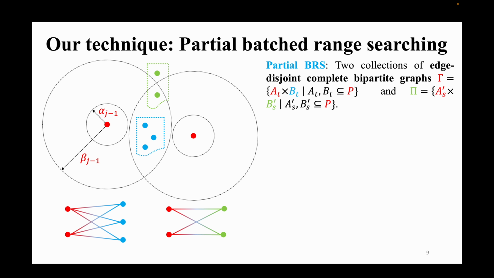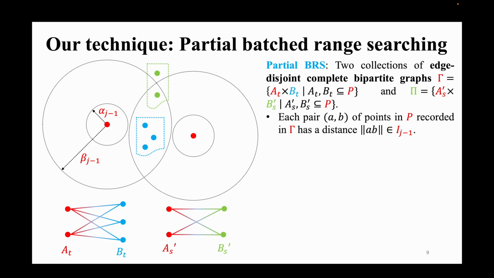As a result, we will have 2 collections of edge disjoint complete bipartite graphs, gamma and pi. Each of them contains some bipartite graphs like AT times BT or AS prime times BS prime. Each of them is a subset of set P. And then we have 2 important properties. The first one is that each pair AB recorded in collection gamma will have an interpoint distance within range ij minus 1.